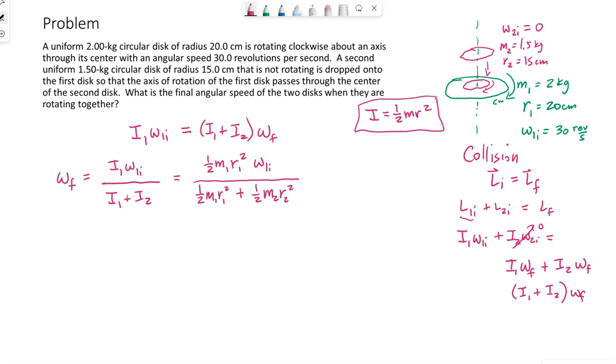I2, same equation, but we need the mass of disk 2 and its radius. Turns out the 1/2 will cancel because there's a half in every term. So let's plug in. Mass 1 is 2 kilograms. Radius 1 is 20 centimeters, which I'm putting into meters.